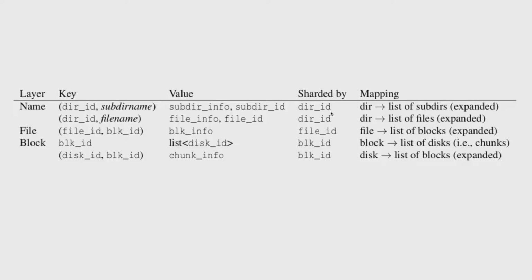With hash partitioning, listings of two subdirectories within the same directory will live on different shards. And the block layer information is also hashed among shards, independent of its directory or file.